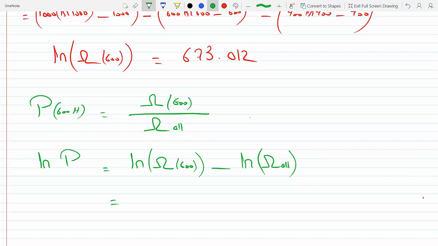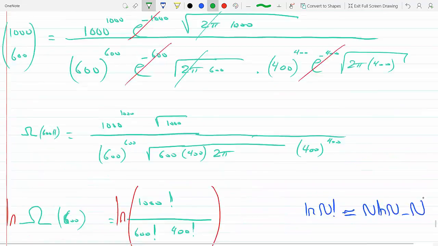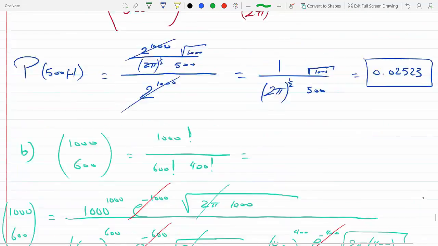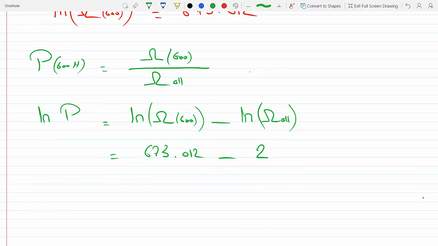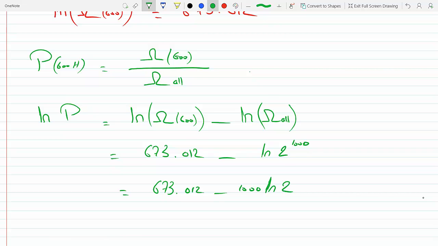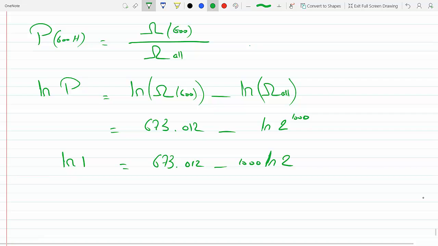This is 673.012, and this is what we got in part A. This is 2 to the 1000, I believe. Yeah, 2 to the 1000. So ln 2 to the 1000, and you can see how useful this is, because the 1000 will come down, and the calculator can definitely do this. So this is ln of the probability, and I can solve for the probability at the end.